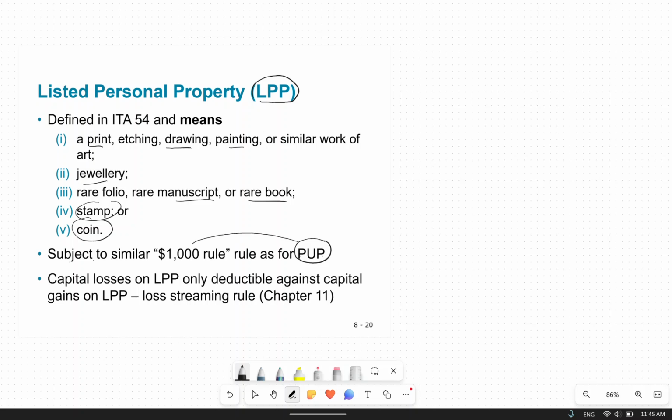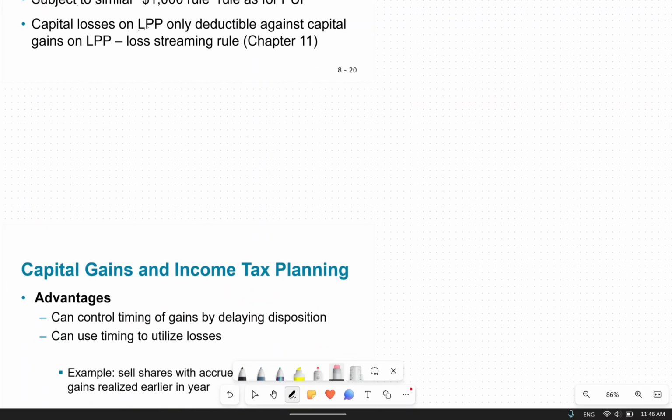The rule is the same with 1,000: the minimum proceeds is 1,000 and the minimum cost is 1,000. Capital losses on listed personal property are only deductible against capital gains. Here you could claim a capital loss, but only against your capital gains. This will be talked about more in chapter 11.